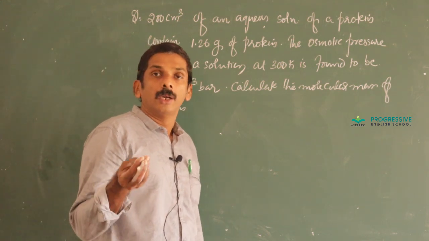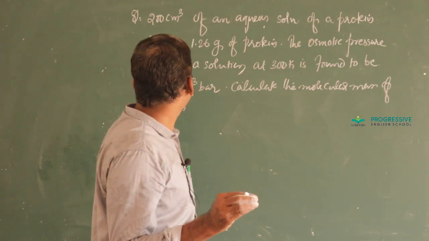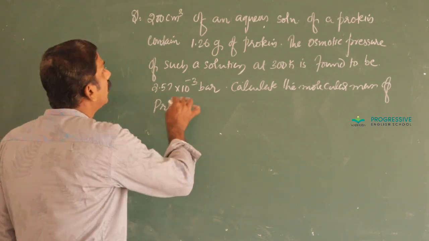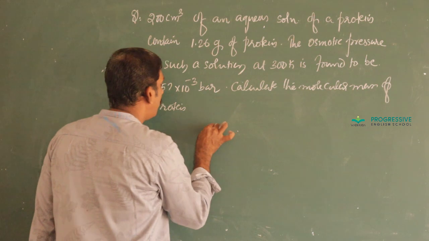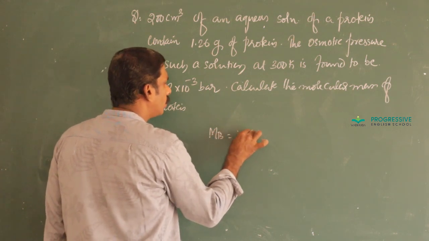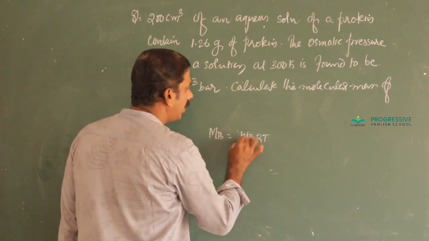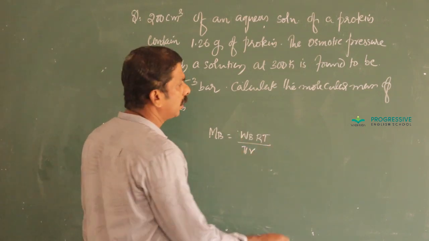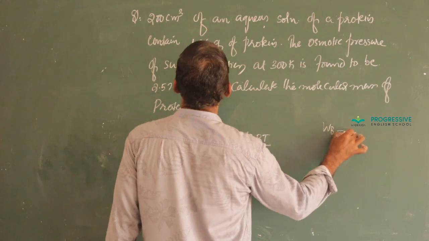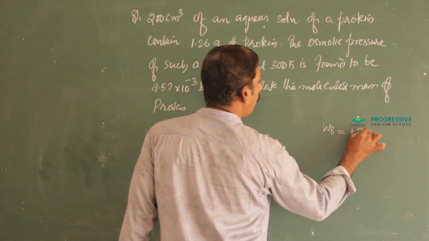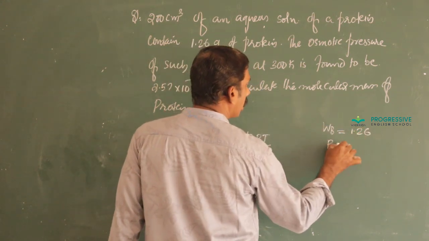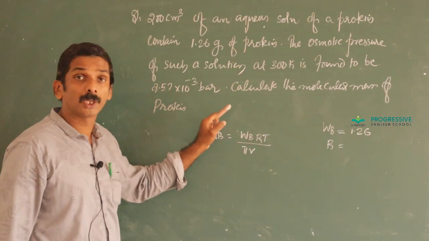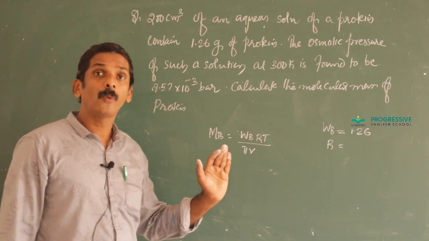Here you just note some points, that is we have MB equal to WB RT divided by pi V. Here for W there is no problem as in the previous case, WB equal to 1.26.